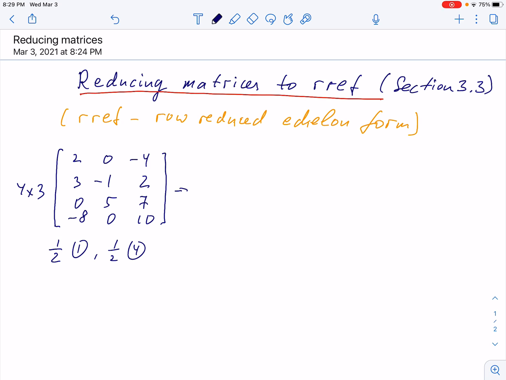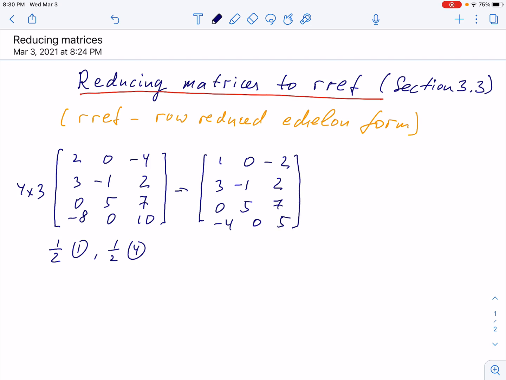The new configuration I can indicate with arrow. So we have now 1, 0, -2, 3, -1, 2, 0, 5, 7, no change here, and then reducing by 2 we have -4, 0, 5.